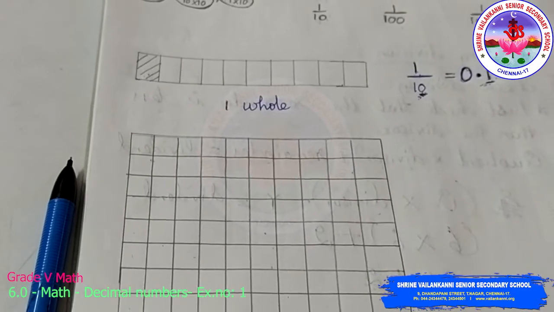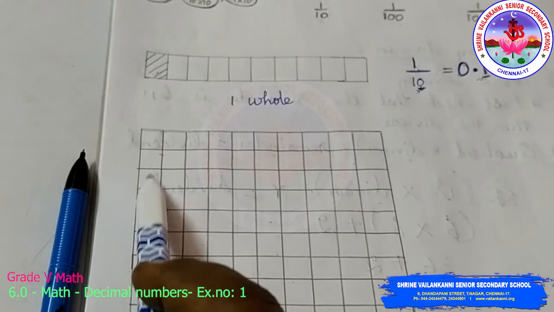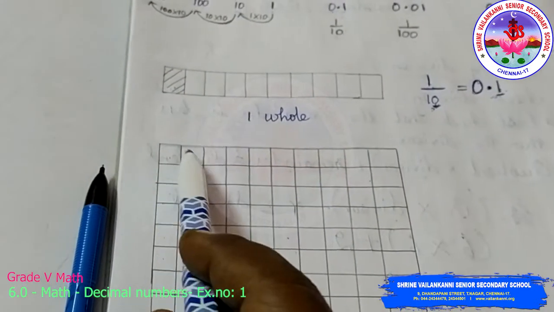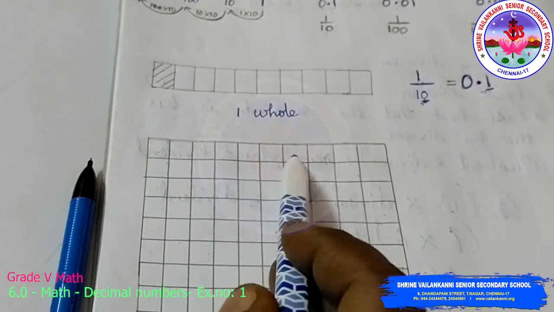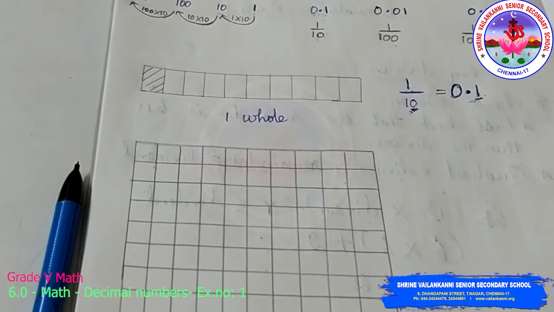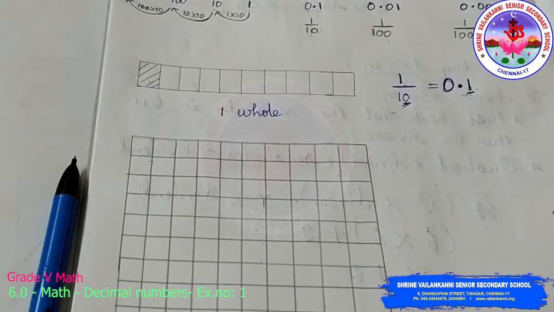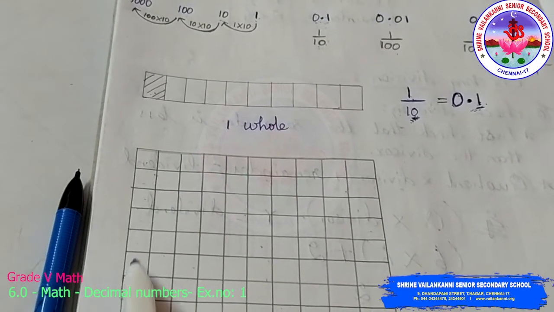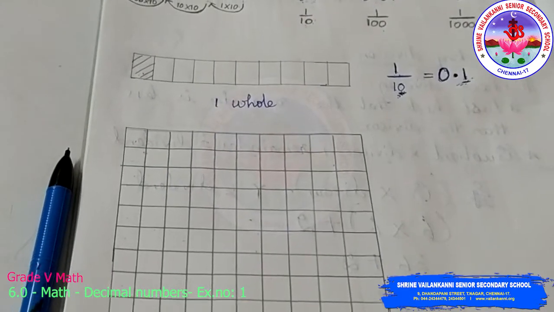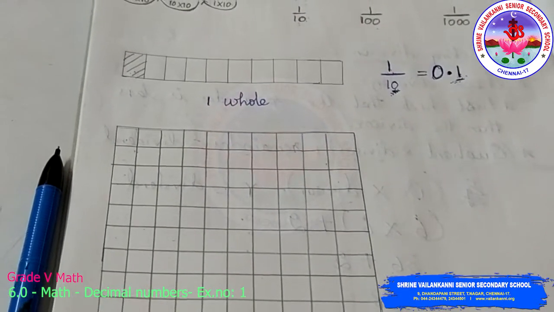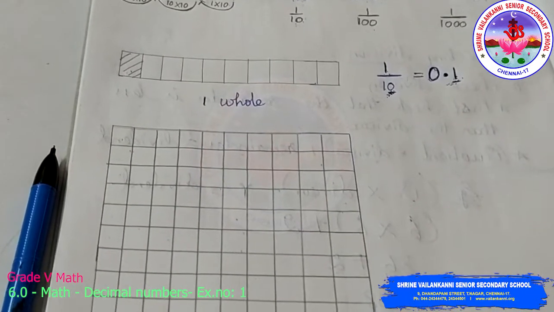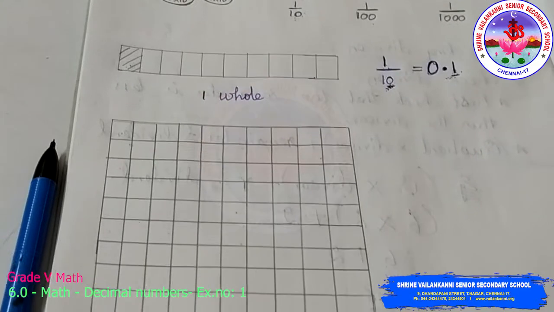See, 1, 2, 3, 4, 5, 6, 7, 8, 9, 10, that is 10 rows, and 1, 2, 3, 4, 5, 6, 7, 8, 9, 10, 10 columns. So that is 100 parts. Each and every box, if you count it, you will get 100 boxes. So the one whole is divided into 100 parts.